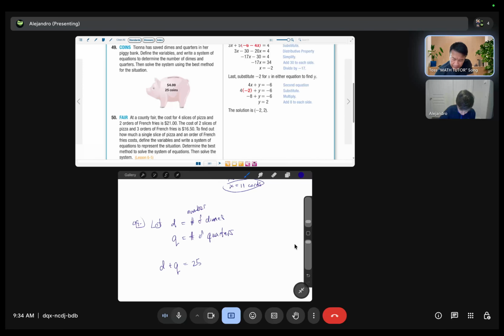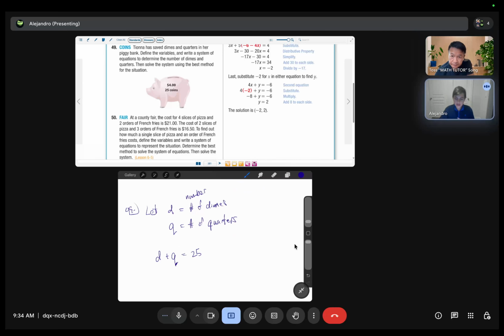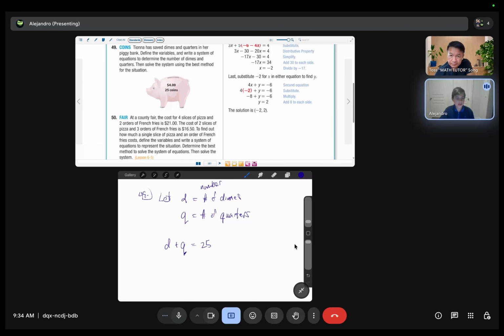That's your first equation. And my second equation would be 0.10 D plus 0.25 Q equals 4.